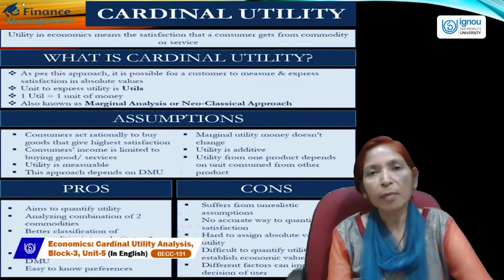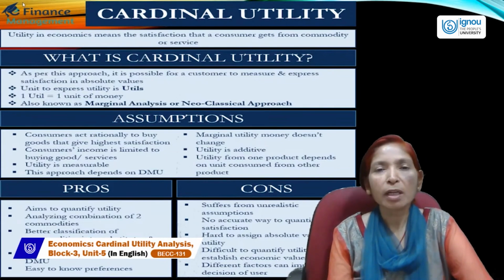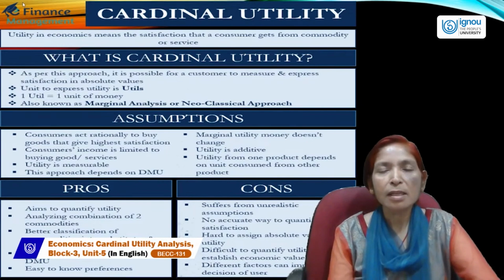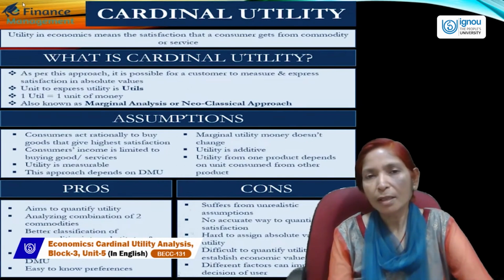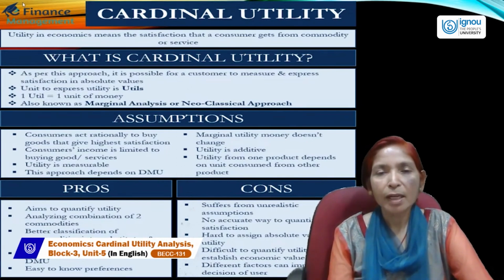Because the cardinal utility approach assumed that consumer income is constant, marginal utility of money remains constant, utility is additive, utility is measurable, and it depends on diminishing marginal utility. Among these assumptions, some are unrealistic. That's why we can criticize this approach.